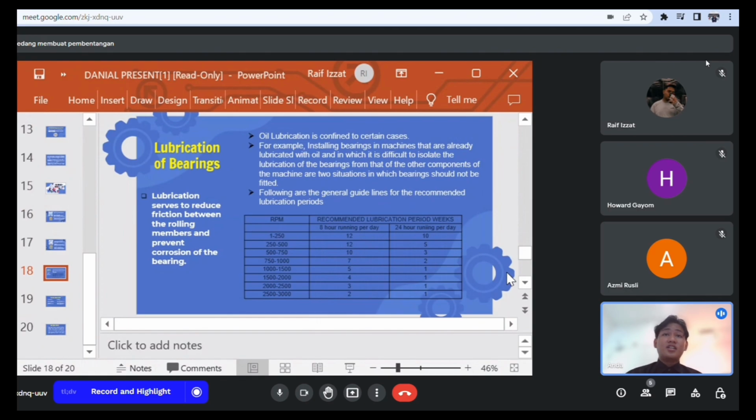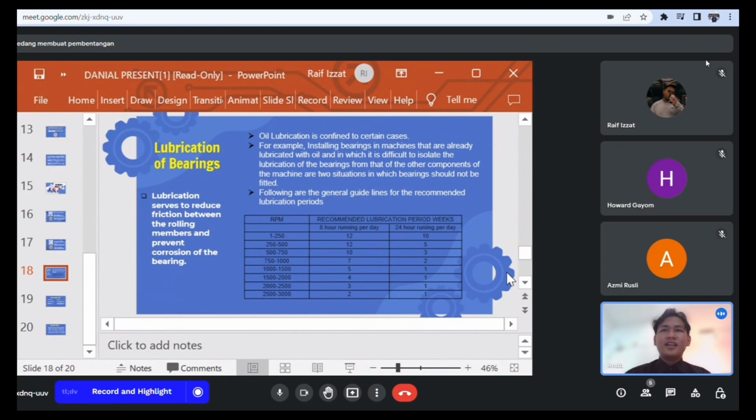Following that, a general guideline for the recommended lubrication period. The timetable explains the recommended lubrication and the appropriate readings.